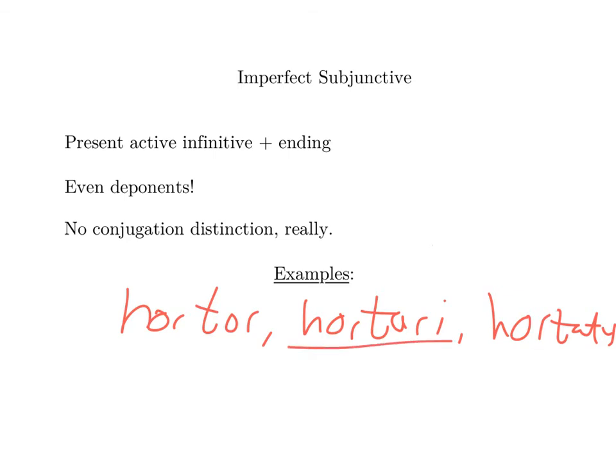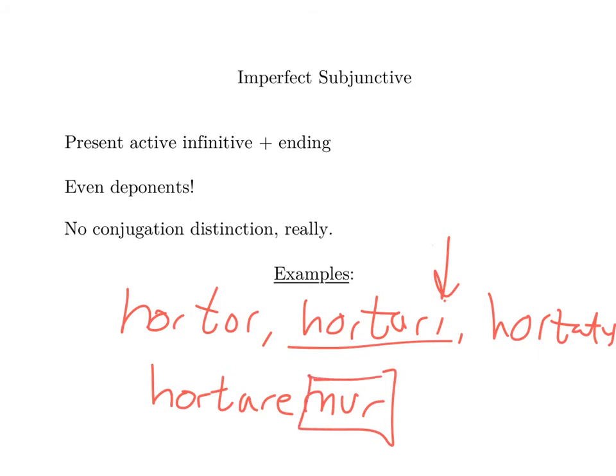So here we have hortari, that's our infinitive. It's a deponent, it's passive in form, and we have to invent an active form that doesn't exist before we add a passive ending. Note, the deponent is still going to take that passive ending. This makes it okay, right here, that ending.